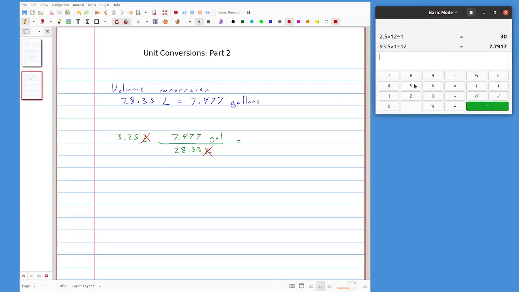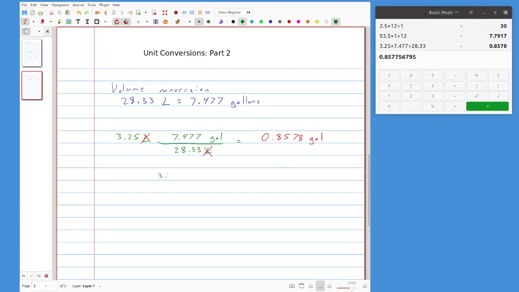So over here in my calculator app, which still shows some of my calculations from the first video, I've got 3.25 liters times 7.477 gallons, divided by 28.33, and that tells me that my final answer here is 0.8578 gallons.